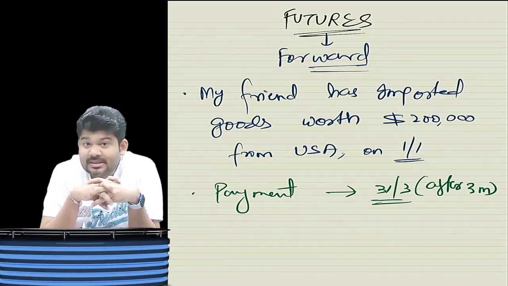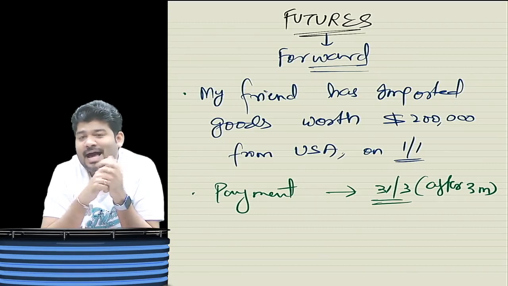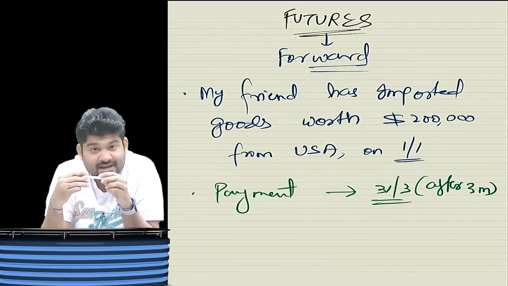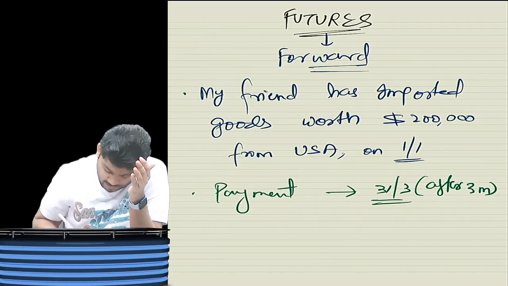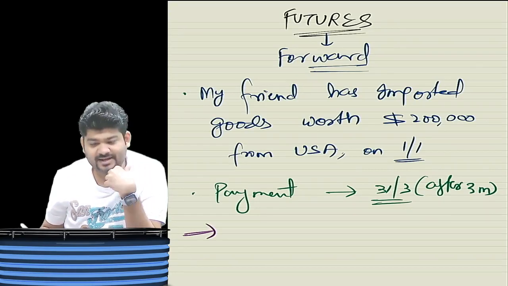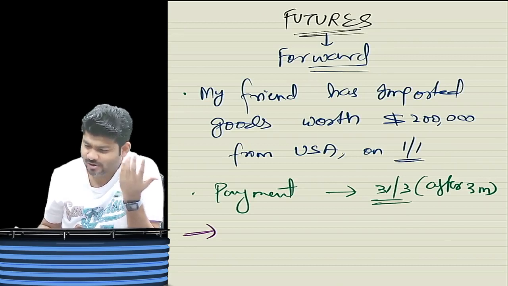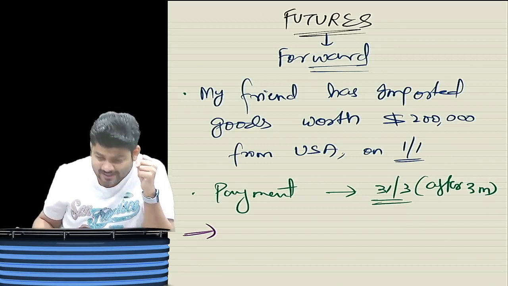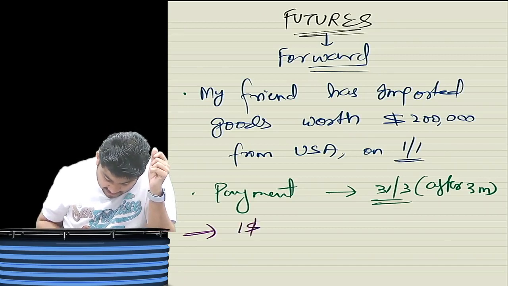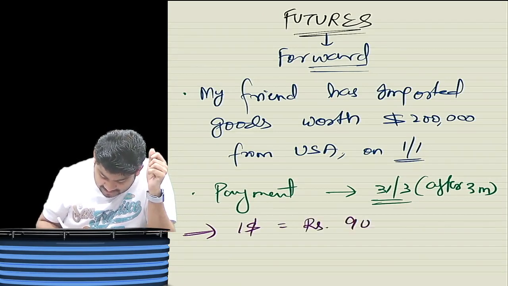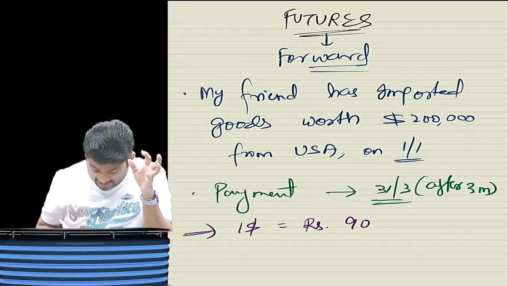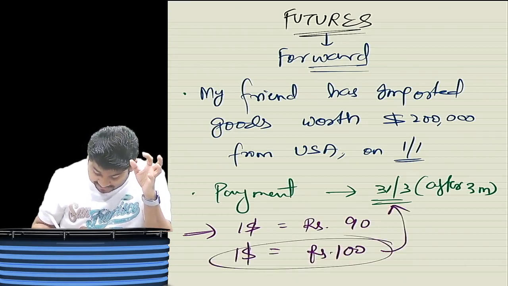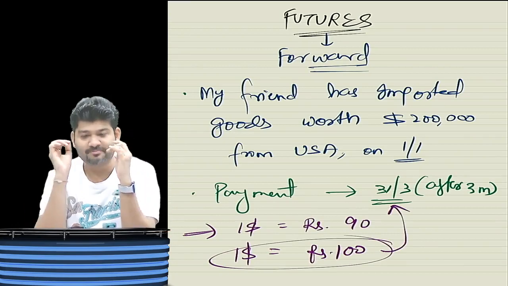But then your friend says, no, but I am having sleepless nights from today. I am feeling very worried. You tell your friend, why are you worried? When your chartered accountant friend is here, you don't have to fear. Your friend says, see, today the dollar rate is $1 equal to rupees 90. But what if $1 becomes rupees 100 on 31st of March when I have to make the payment?